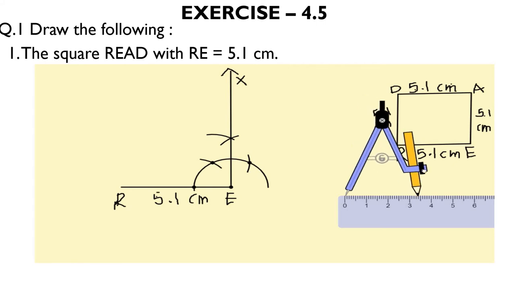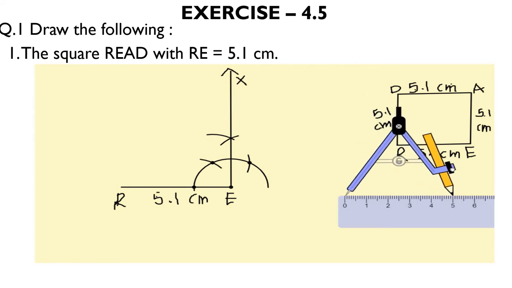Now remaining all three sides are 5.1 centimeter. So again, with the help of compass, select 5.1 centimeter radius.